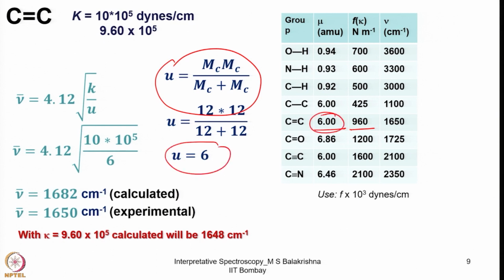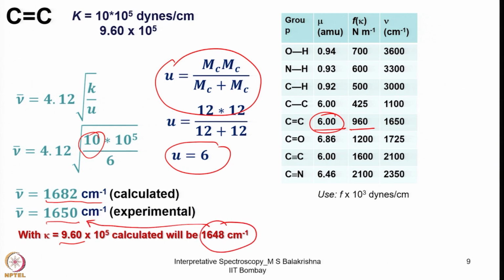And we can verify all the data to see authenticity of all the 3 equations. And now by calculating, by putting mu equals 6 and 10 for stretching force constant, value comes around 1682 centimeter minus 1. But if we use this one, 9.60, it comes exactly 1648, very close to this experimental value.